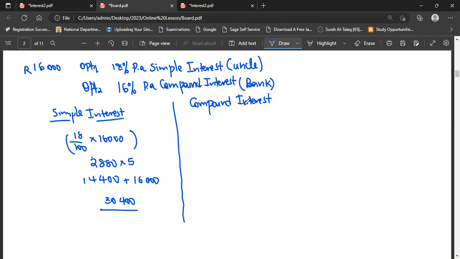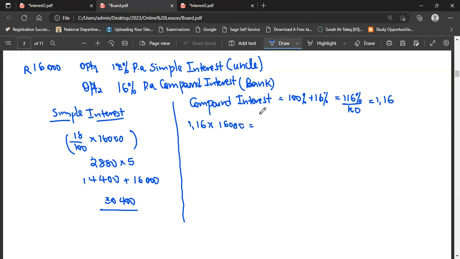Since it's 16%, we shall take 100% plus 16%, which equals 116%. Remember, 116% means over 100. So I need to put it as a decimal. So here we go, 1.16 times the money the person has borrowed.